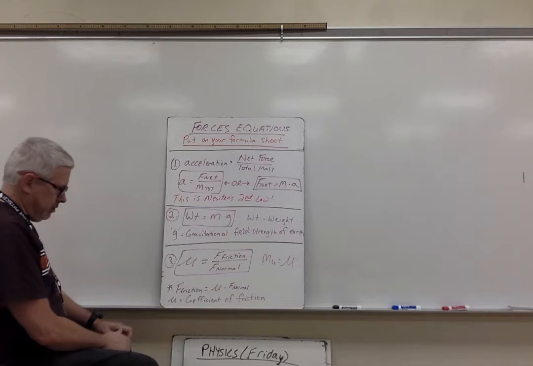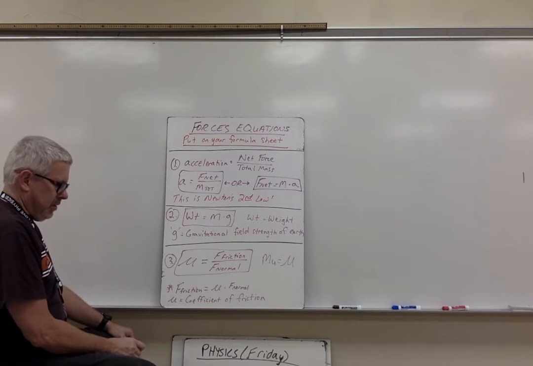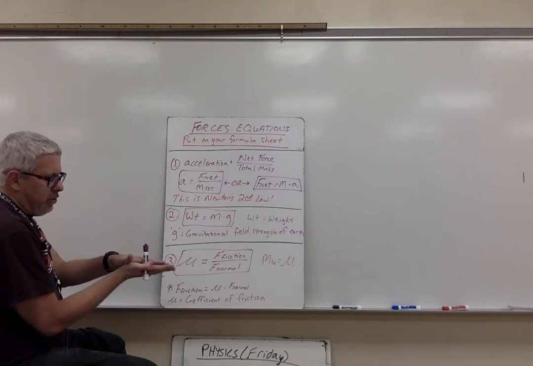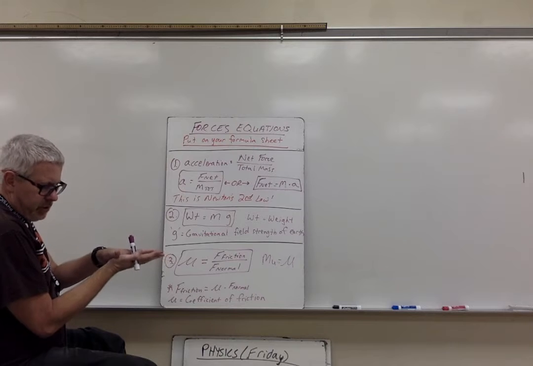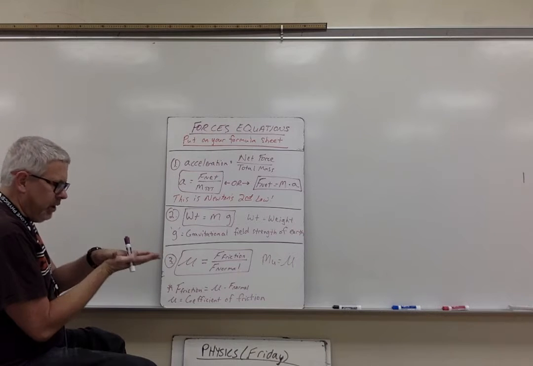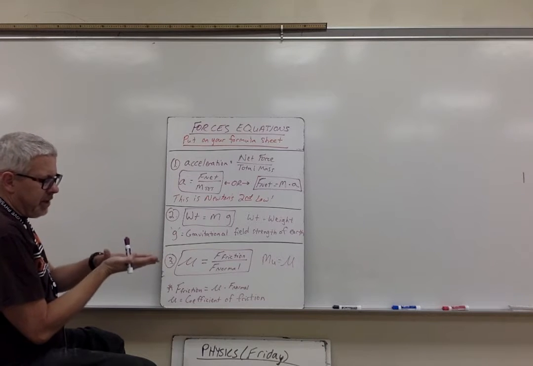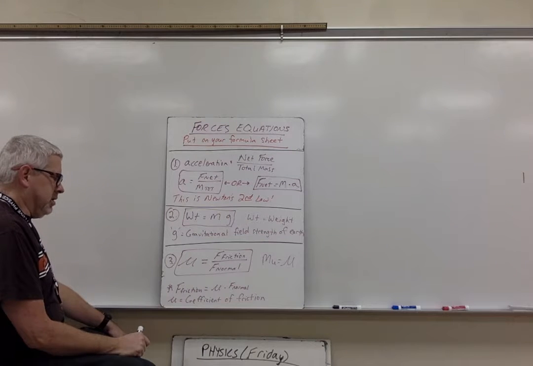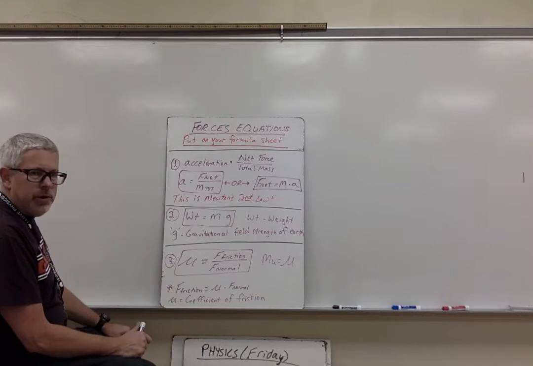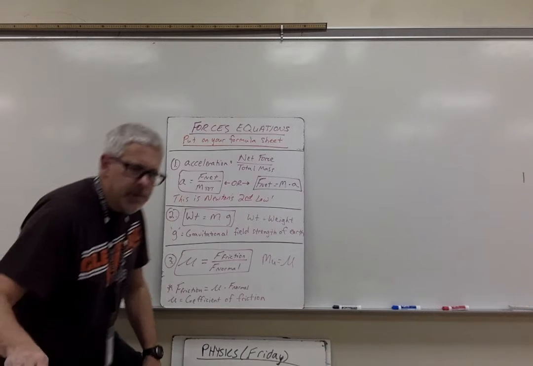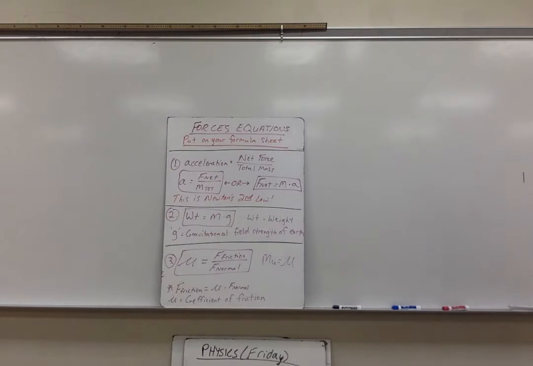But I do want you to understand that for static friction, when things aren't moving, the amount of friction can be variable. When 2 solid objects are sliding past each other, it's fairly consistent. Again, this is called the coefficient of friction. I'm going to get ready and set up the first example, but keep those equations in mind.